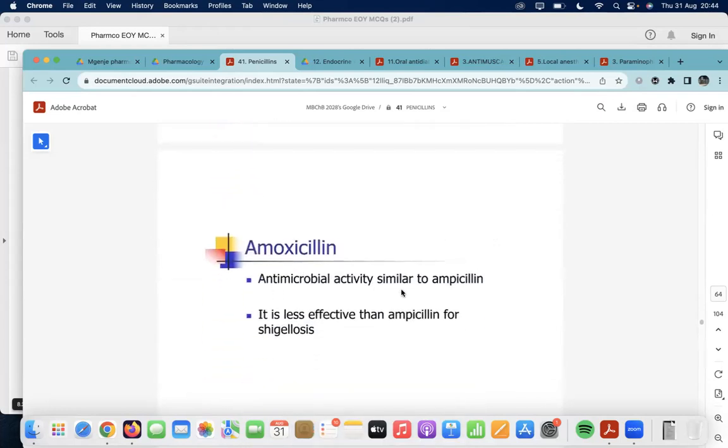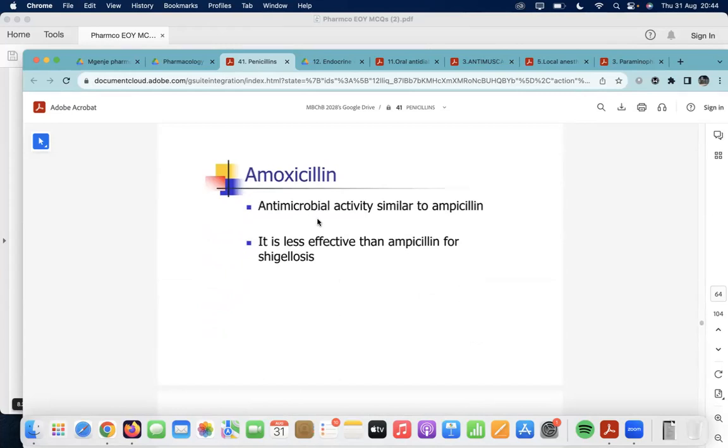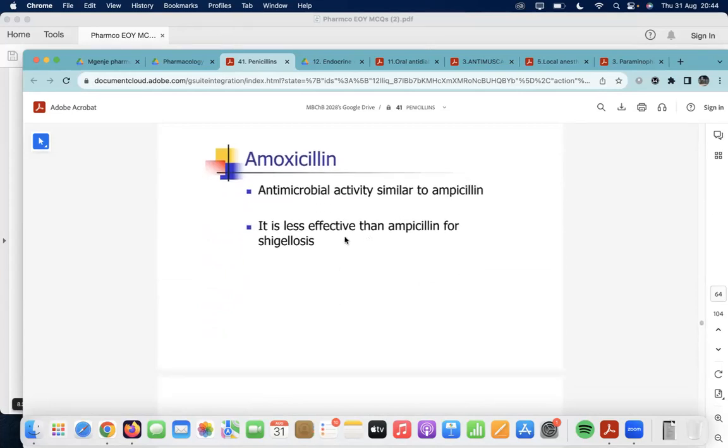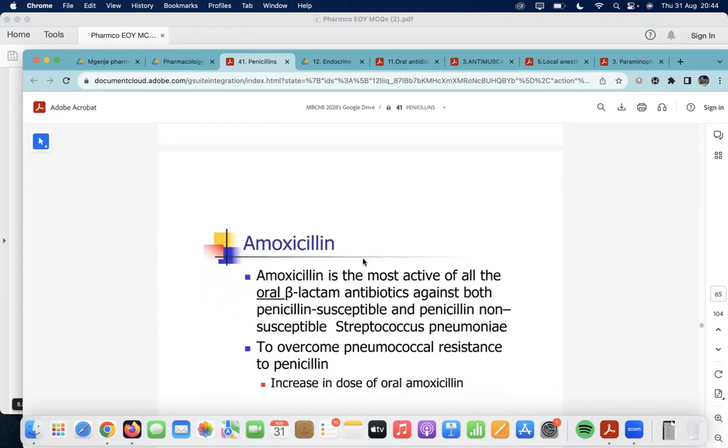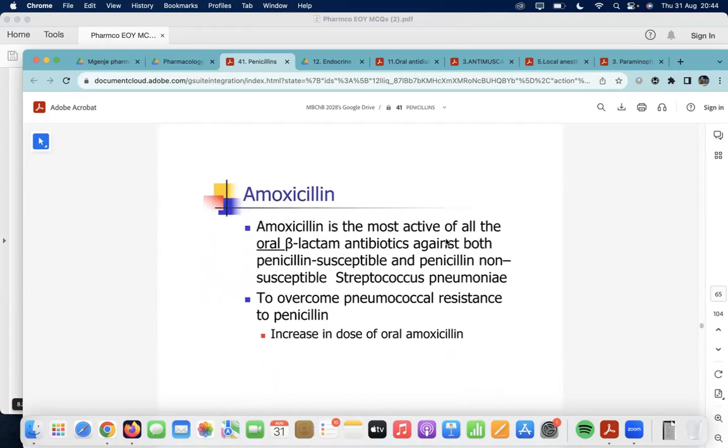So amoxicillin antimicrobial activity is similar to ampicillin. It is less effective than ampicillin for shigellosis. Okay. Amoxicillin is the most active of all the oral beta-lactam antibiotics against both penicillin-susceptible and penicillin non-susceptible Streptococcus pneumoniae. So I think this means that whatever Strep pneumoniae penicillin can take on, amoxicillin can also take on.